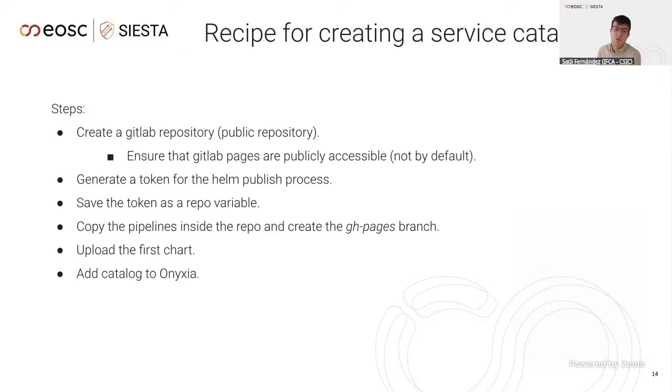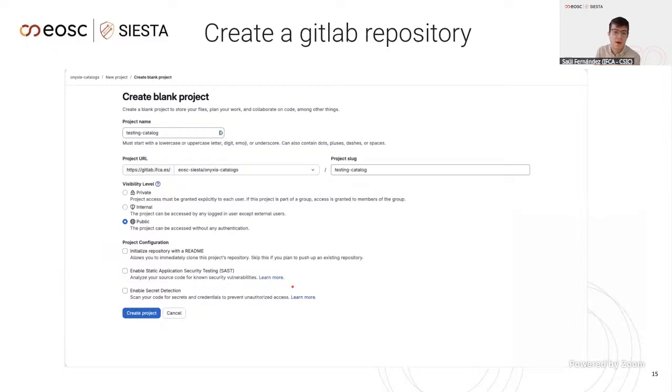We need to save that token as a repository variable for the continuous integration process. And then we are ready to upload the pipelines, create a GitLab pages branch, which is necessary, then upload the first chart, the pipelines will start running, the service will be published, and we can add that service catalog to the Onyxia configuration. So let's go part by part.